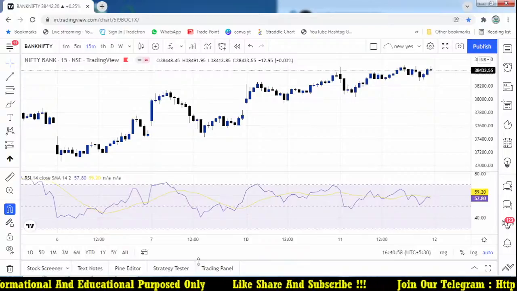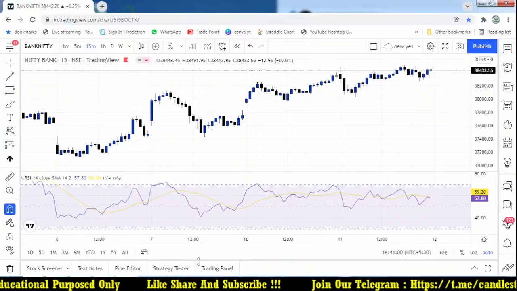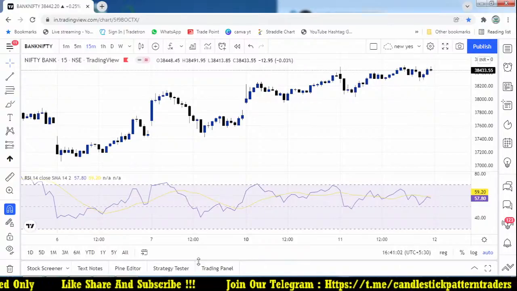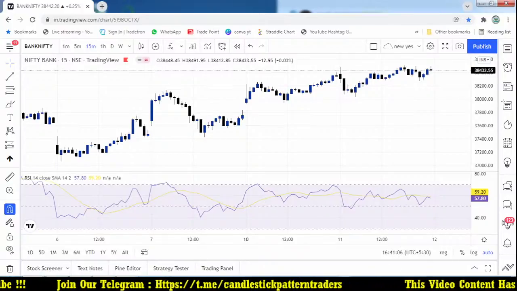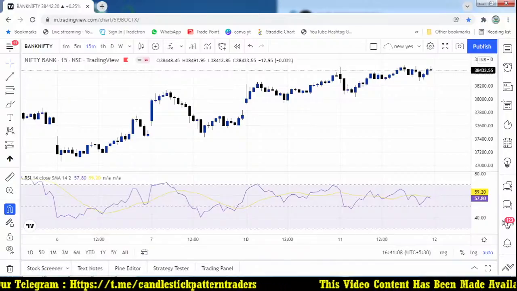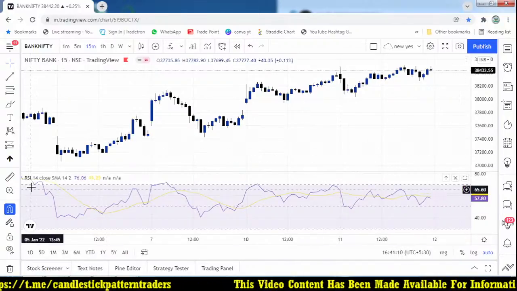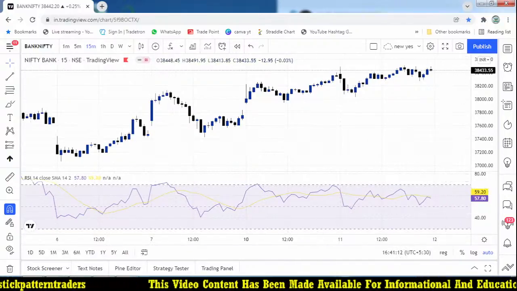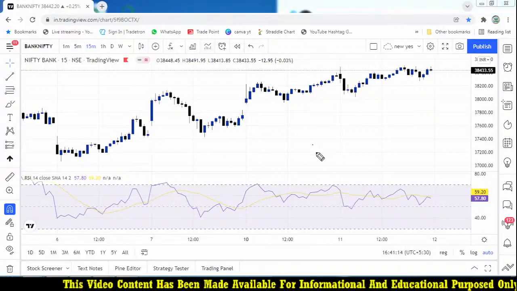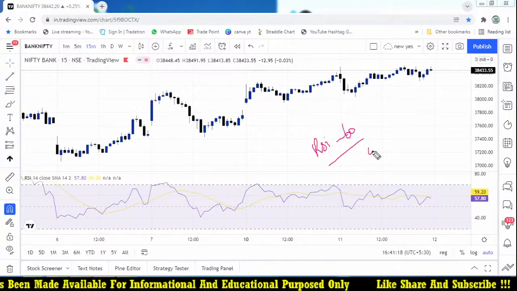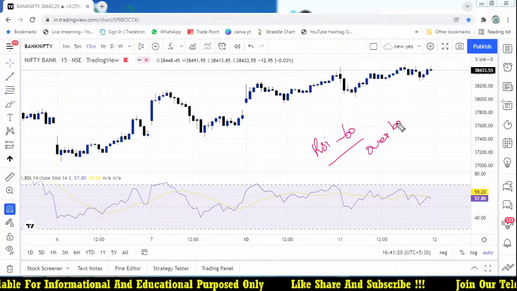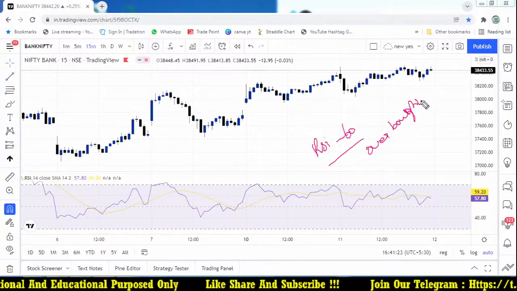There are two types of views based on RSI. When the RSI is trading above 70 or 60, right? When RSI is trading above 60, someone says it is overbought, right?